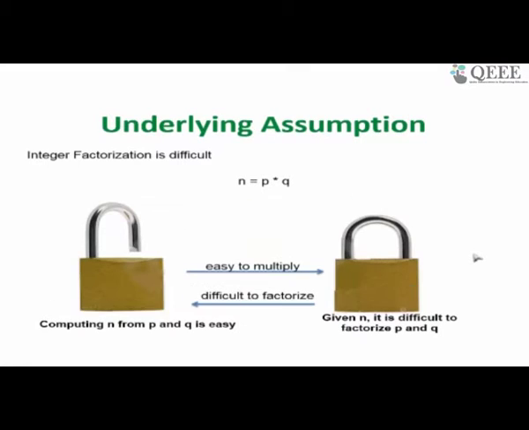The underlying assumption, as we mentioned last week, is that this particular problem known as integer factorization is extremely difficult. Integer factorization can be considered a one-way function, wherein suppose we are given n, which is a product of two prime numbers p and q, and assuming that p and q are very large primes of the order of say 512 bits or 1024 bits, then computing the product p times q is easy to do.